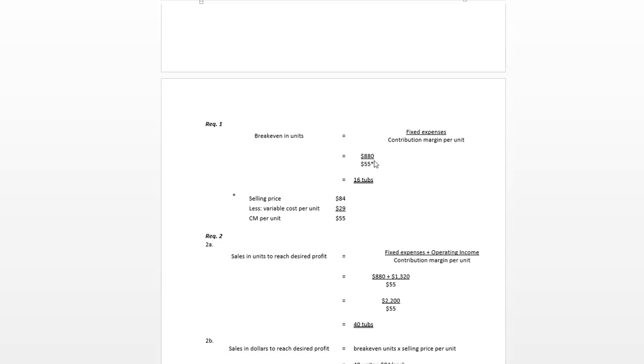Fixed costs were given in the problem as $880. So divide 880 by 55, and that tells us that in order to cover the fixed expenses with the contribution margin per unit, we need to sell 16 tubs. Okay, so that will answer requirement number one.